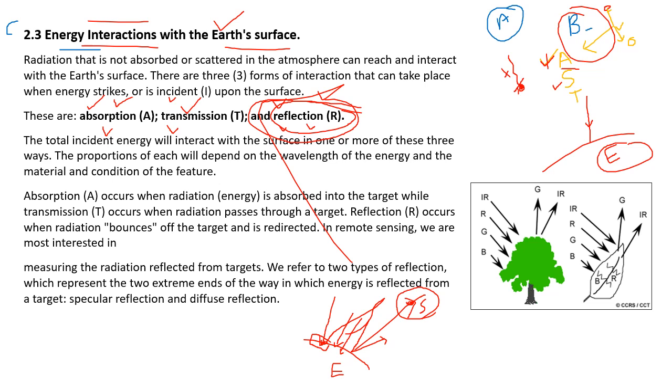Here is an example. This is the energy coming here. There is blue light here, green light here, red light here, and this is infrared light.